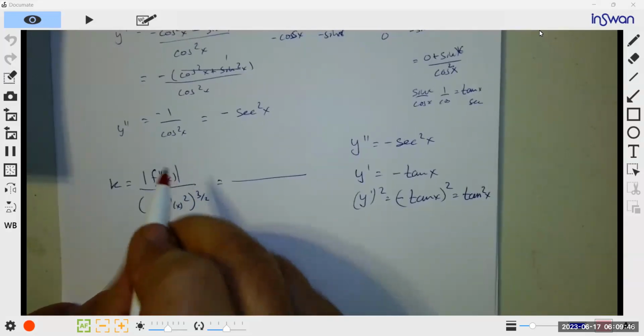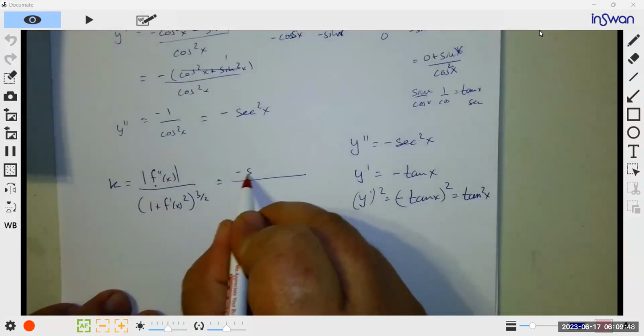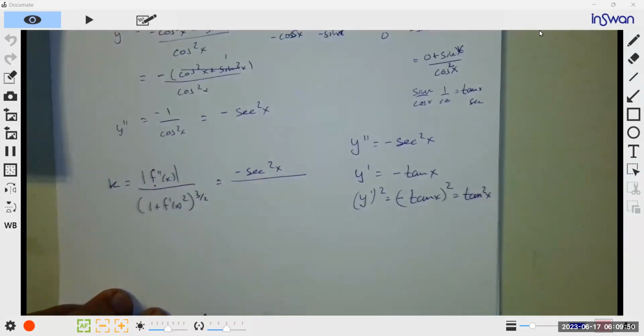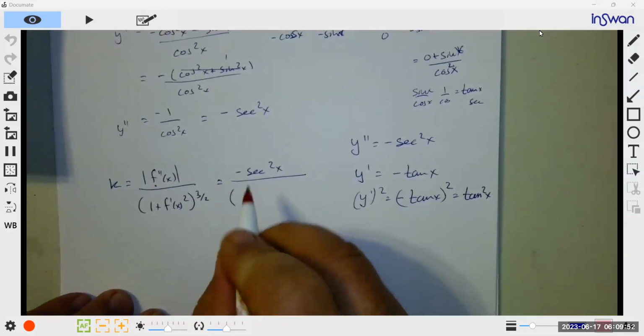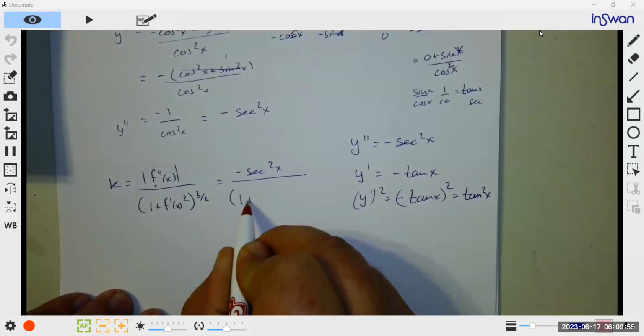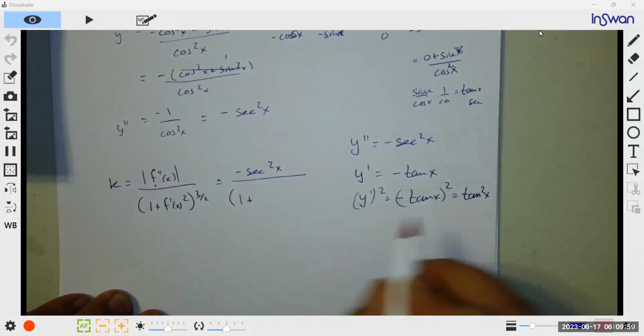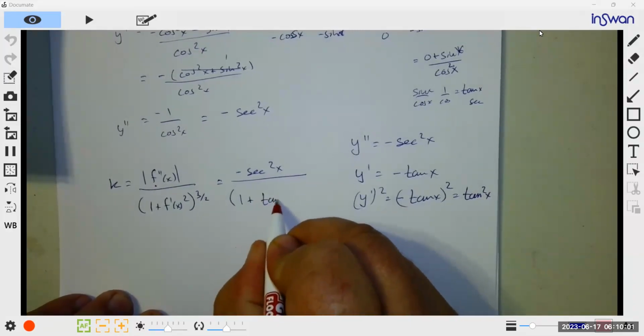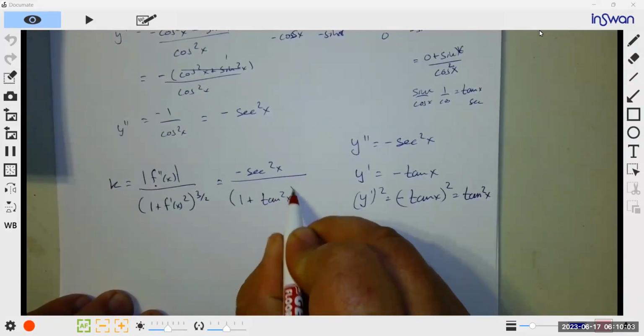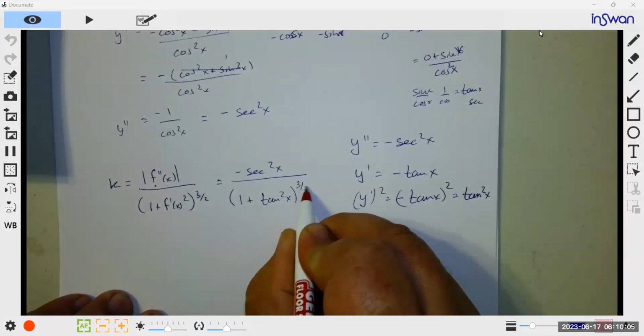So f double prime is negative secant squared x. 1 plus the first derivative squared is tangent squared, to the power 3/2.